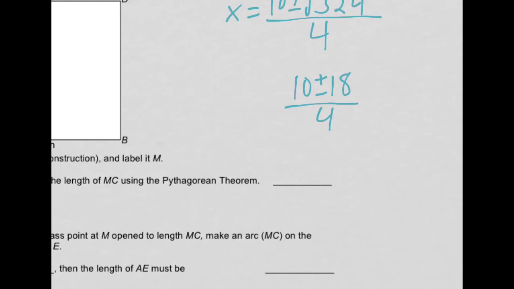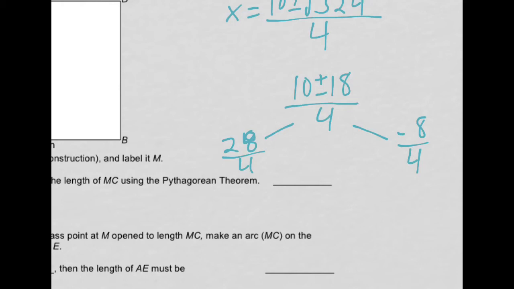So that goes to, right out of space here. If it's 10 plus 18 over 4, that's 28 over 4. And if it's 10 minus 18 over 4, that's negative 8 over 4.